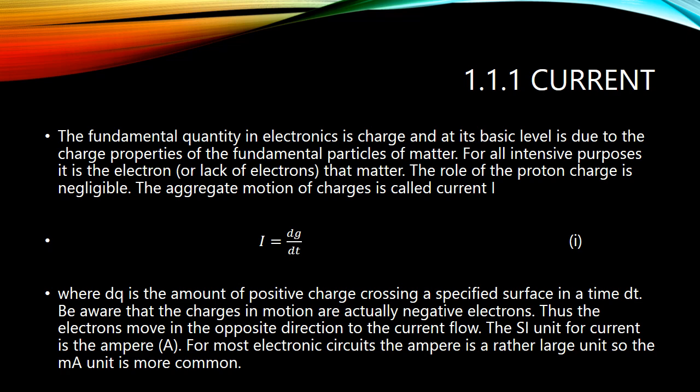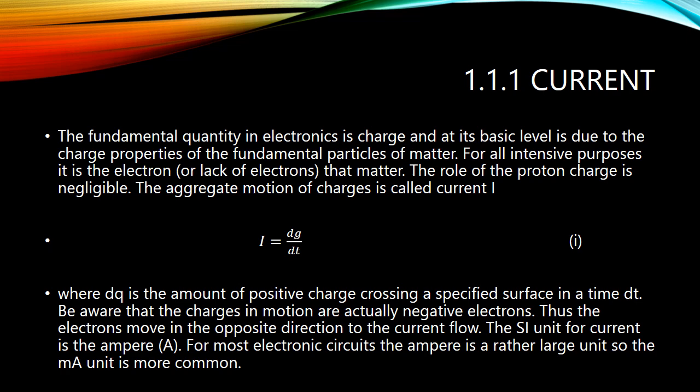So let's be aware that the charges in motion are actually negative electrons. Thus, the electrons move in the opposite direction to the current flow. So if the current moves forward, then the electrons will be moving in the opposite direction.